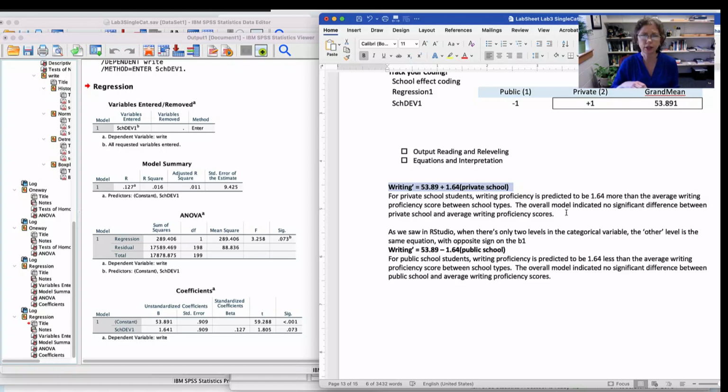And as we saw in RStudio, when there's only 2 levels in the categorical variable, the other level is just the same equation, but with a different sign on the B1, the regression coefficient. So we can already write the next regression line. It's pretty much the same line.